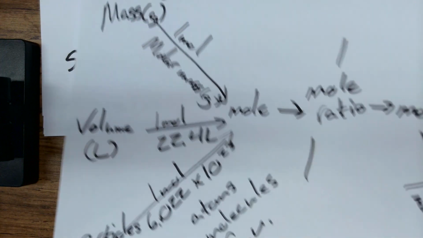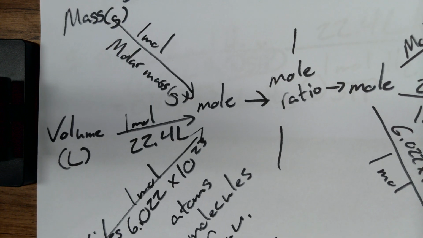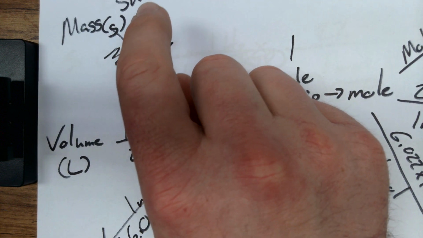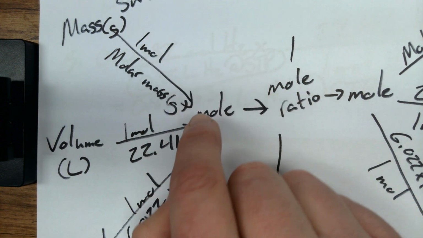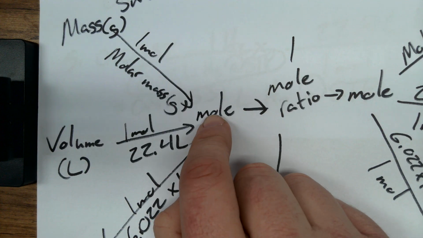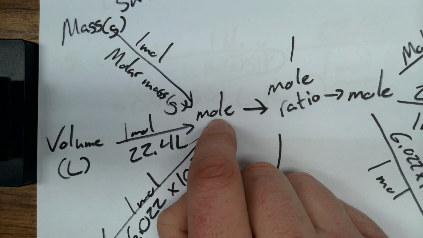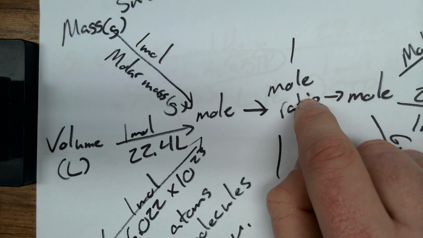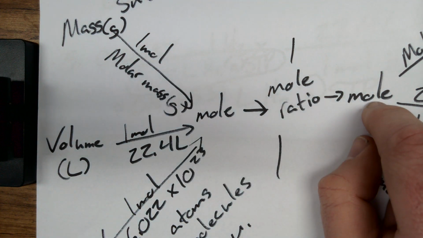If I had my chart with me, I start off with mass. I converted my mass zinc into moles. I then took my given moles and multiplied that against the mole ratio, which in turn gave me my desired moles.